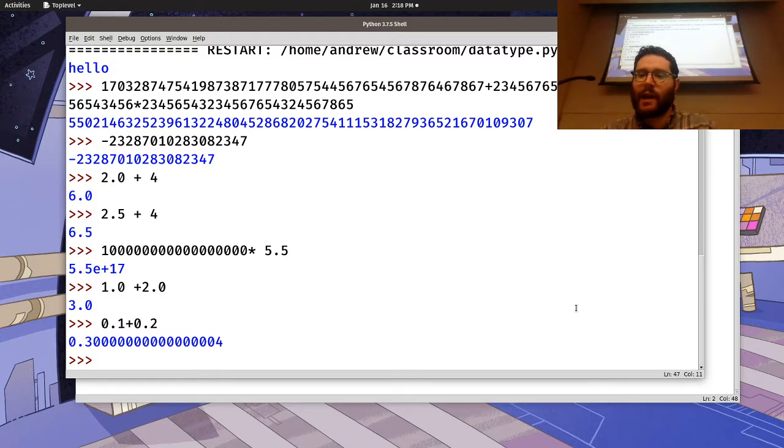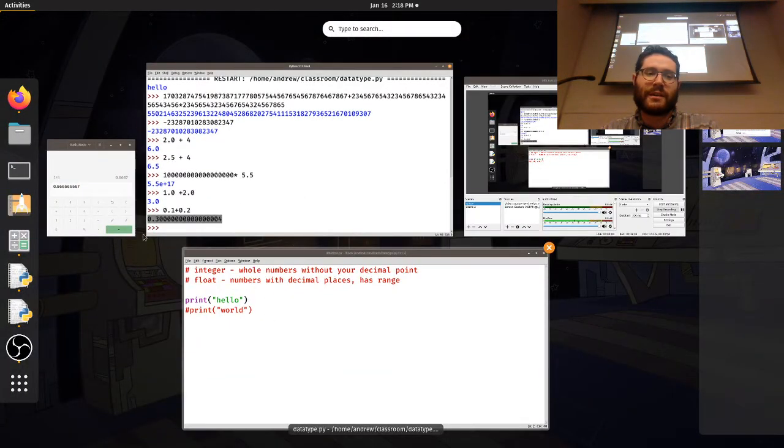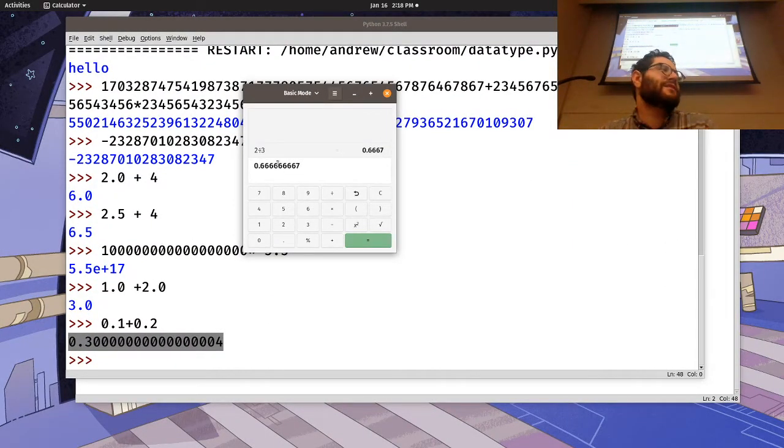In the same way, if you ever see something like this, and it is super rare, I'm just telling you what it is. If you ever see something like this with floating points, it is simply the binary, the base 2 version of dividing 2 by 3 in a calculator. This is just the number encoding.